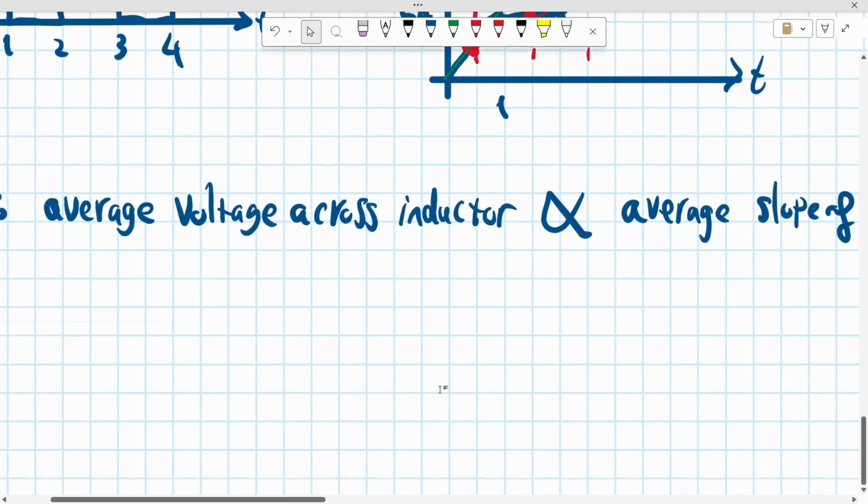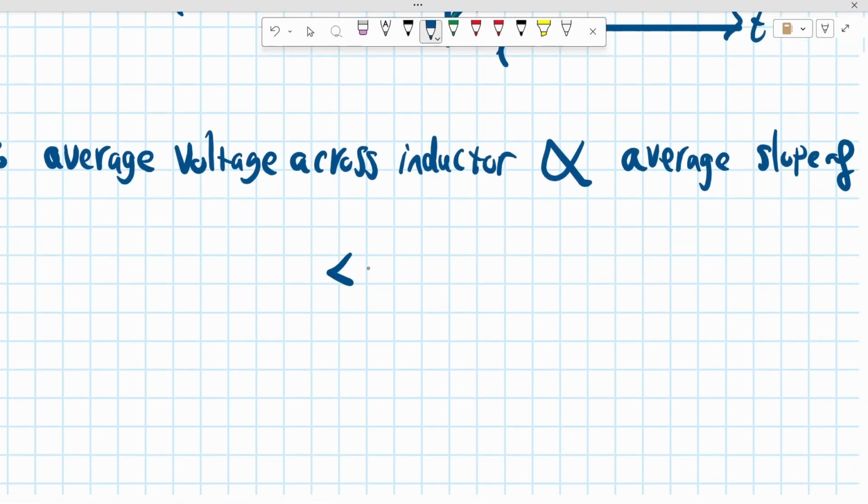We can write it mathematically like this: the average inductor voltage equals L times the rate of change of the average inductor current.